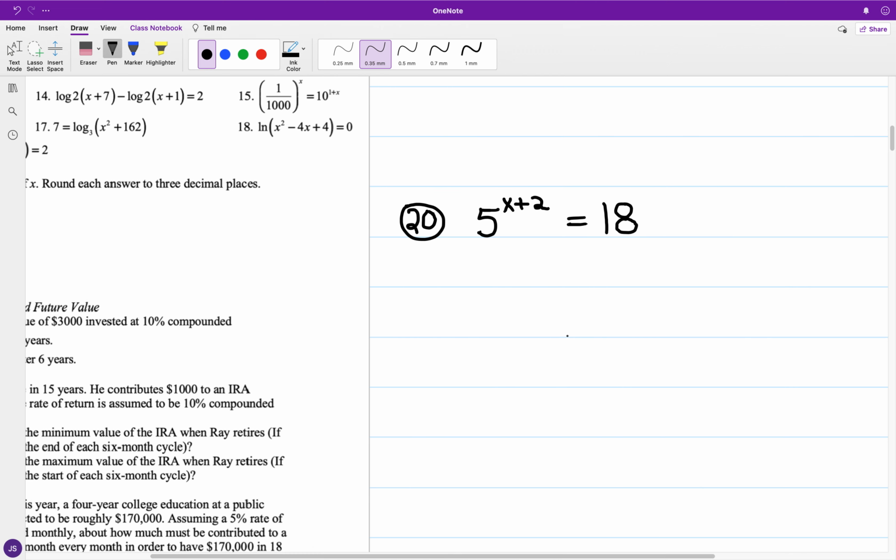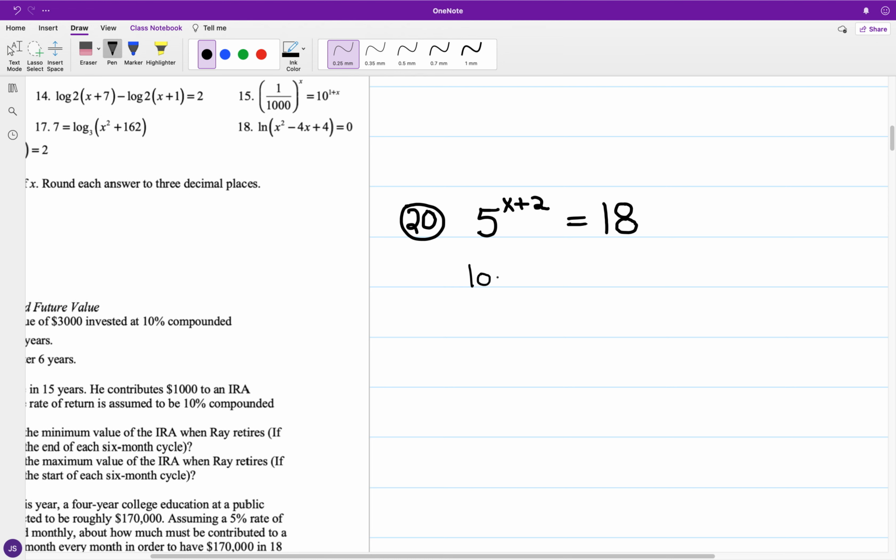With 5 to the x plus 2 is equal to 18, I can take care of the exponential base 5 and just have the left hand side of the equation at x plus 2. To make this possible, I can just take the base 5 logarithm of both sides.